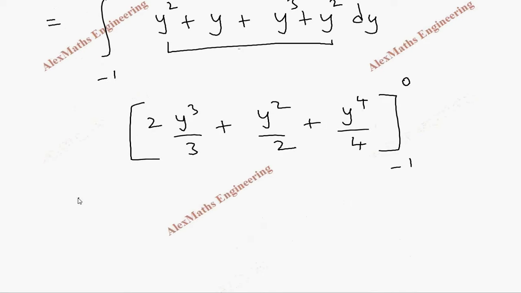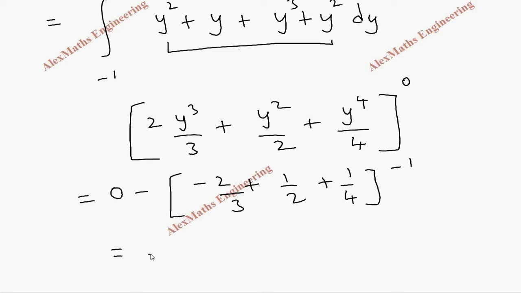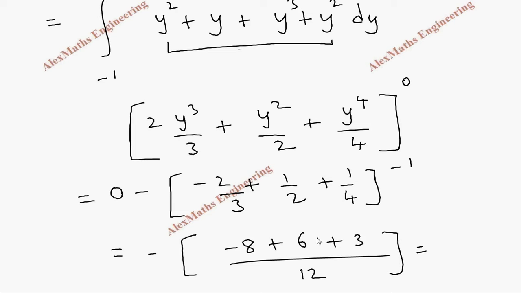When we use the upper limit, everything is 0. When we use the lower limit, it is -2/3 + 1/2 + 1/4. On taking LCM, LCM is 12, and here it is -8 + 6 + 3, and this is 9 - 8, 1/12, that is outside the minus sign, so -1/12.